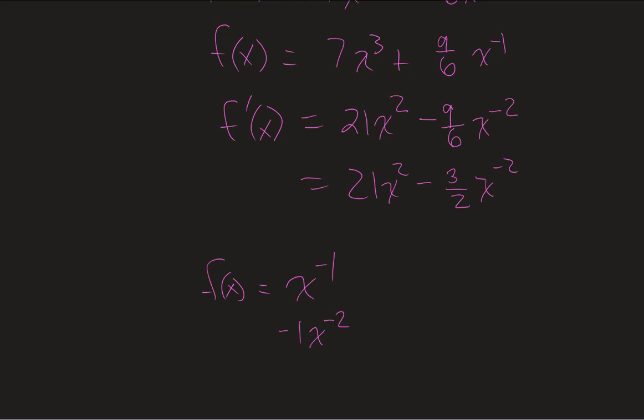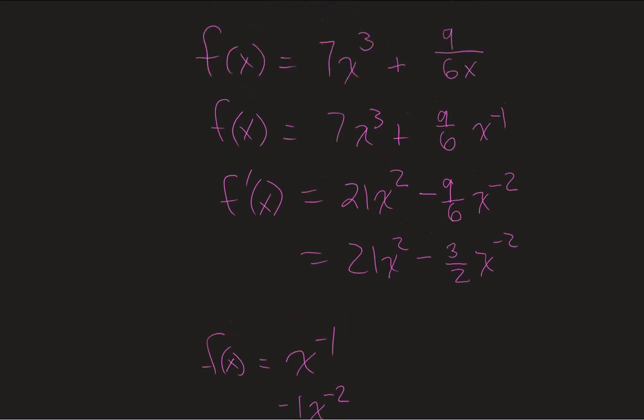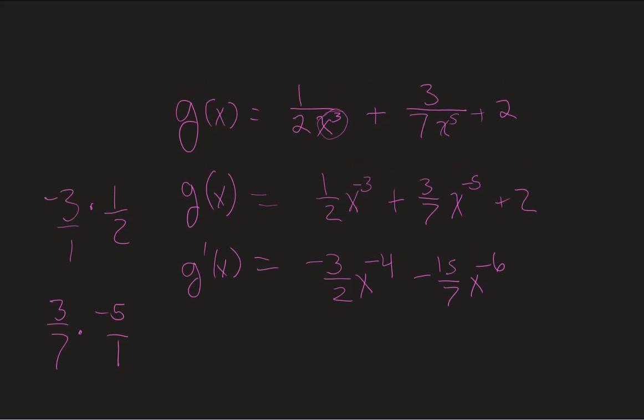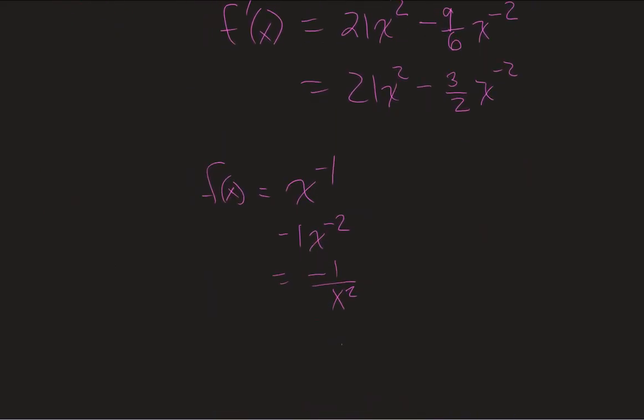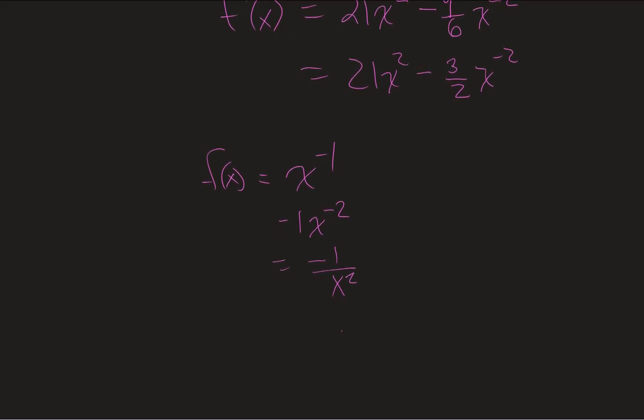So we've been going in one direction, taking things out of the denominator and giving them negative exponents. You can also go in the other direction. This can be -1 over x squared. And just like before where I said the 2 didn't go with the x cubed, well, it's just 1, so it could have gone, but we just left the 1 behind there.